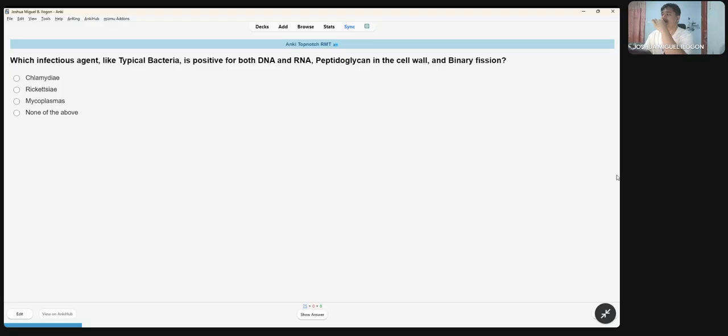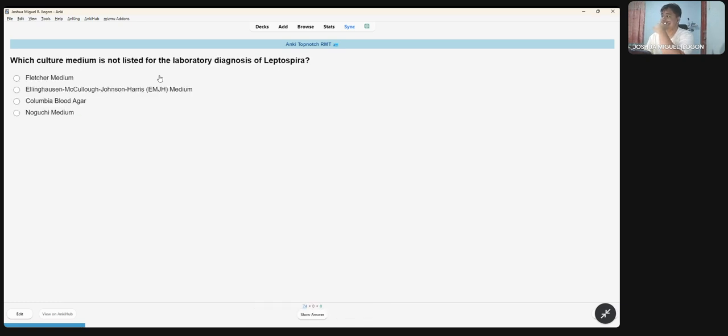Peptidoglycan. Binary fission. Anaerobic bacteria? EMJH, Fletcher medium.